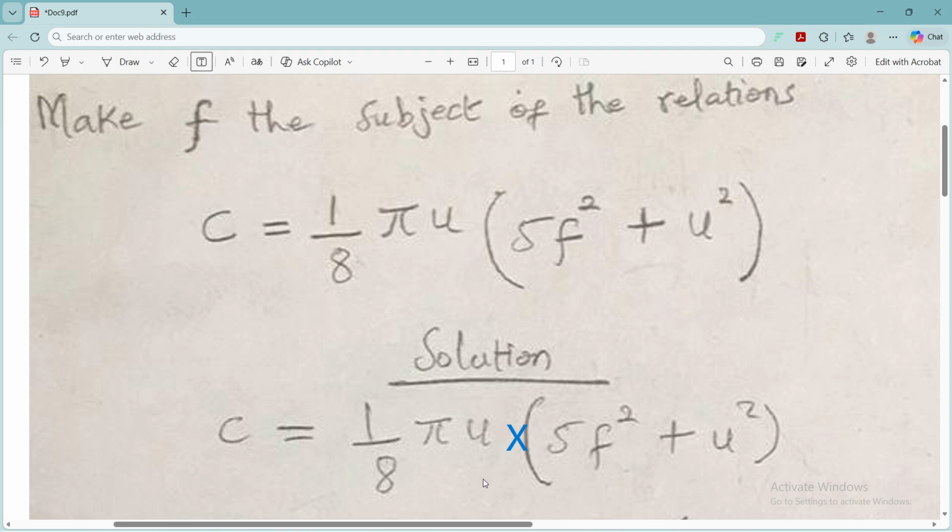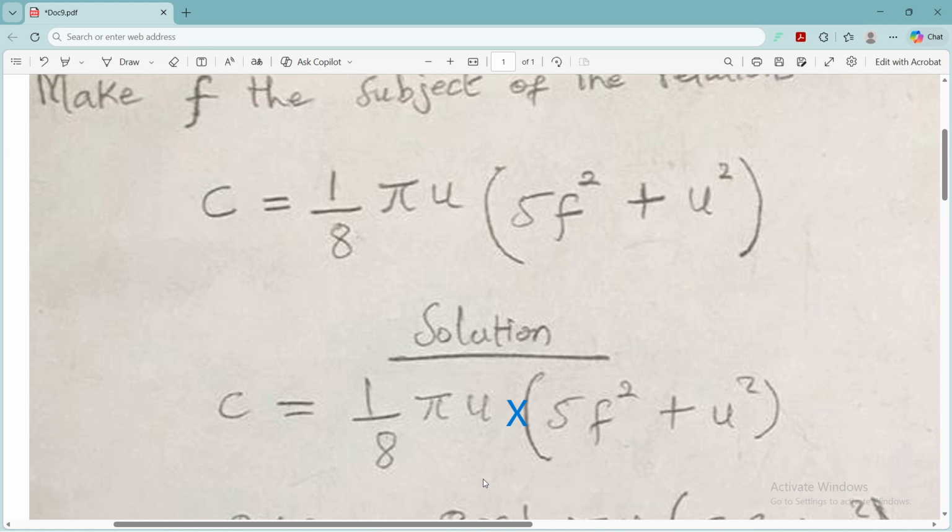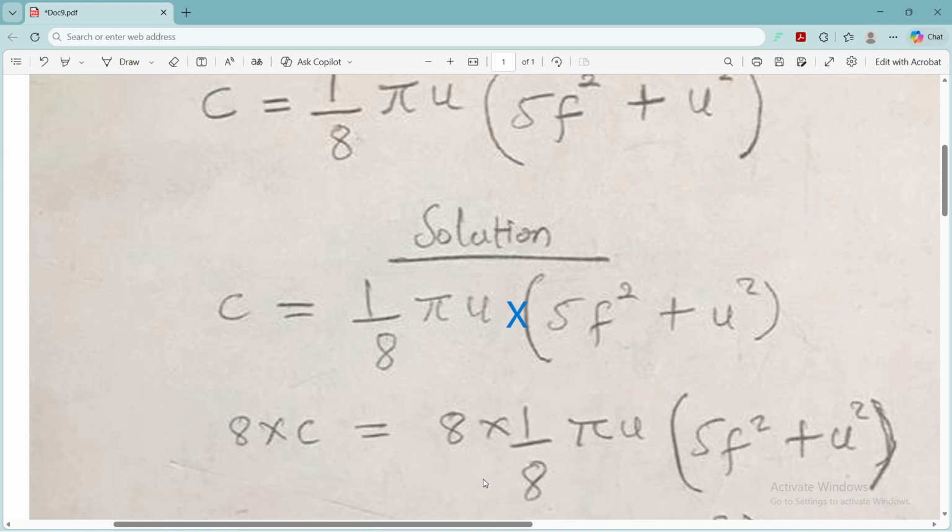So we are going to have a new equation to be 8 multiplying c equals 8 multiplying the fraction 1 over 8 pi u multiplying, or in bracket, 5f squared plus u squared, right?